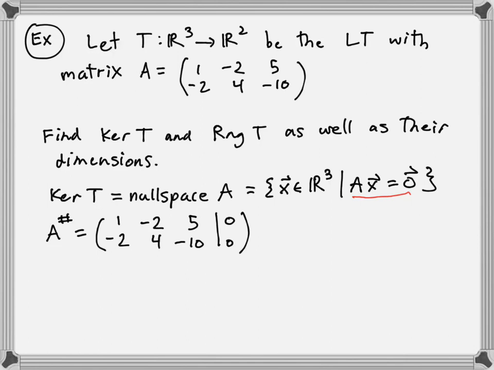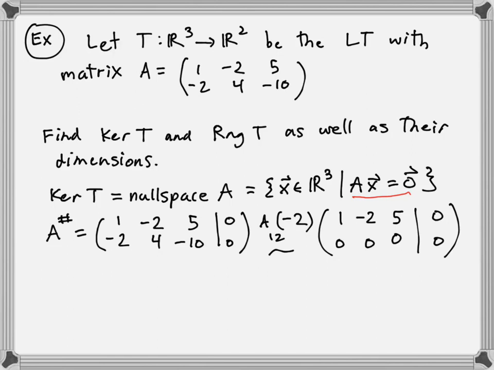So we can see that if we add -2 row 1 to row 2, we end up with 1, 0, -2, 0, 5, 0, and 0, 0. Okay? So we need 2 free variables, right? Because this guy has no leading ones and this guy has no leading ones.